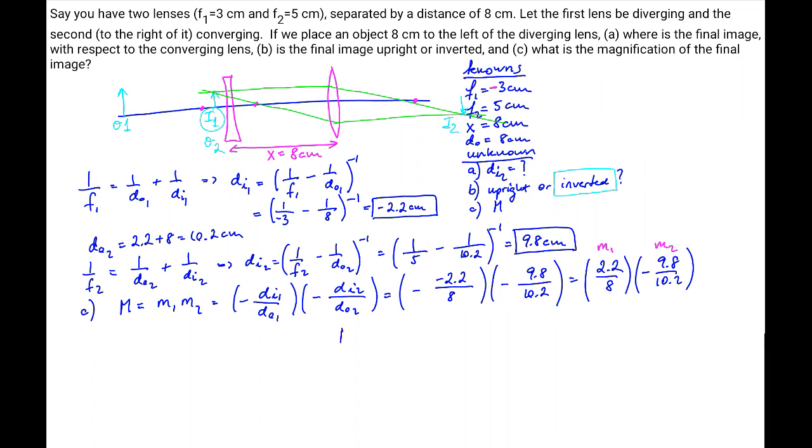Now if I plug in the numbers, I end up with a magnification of 0.275 times negative 0.96, or approximately negative 0.264. So our image is going to be upside down. It's going to be inverted because it's negative, and smaller than the original object.